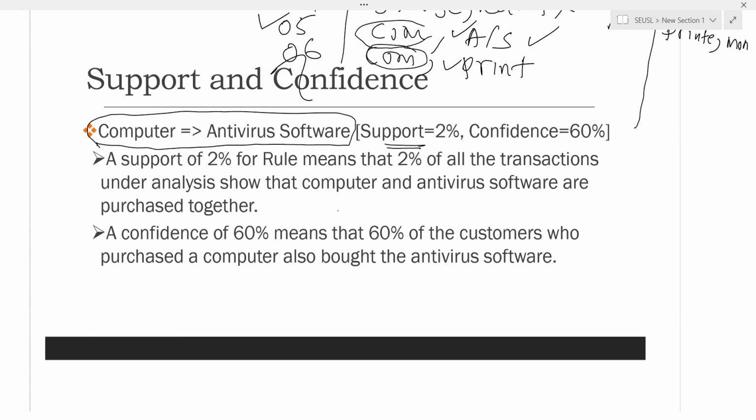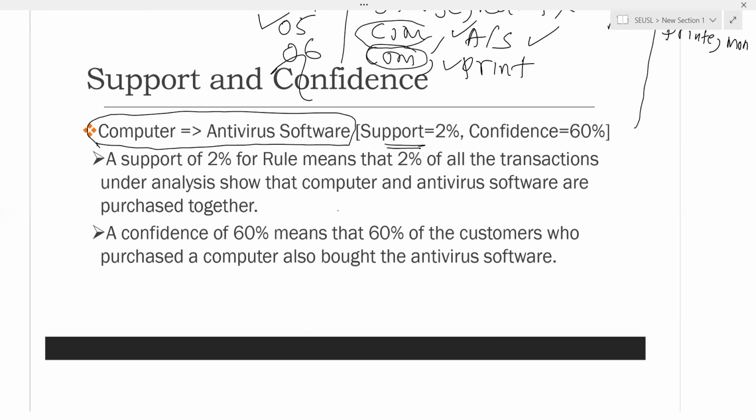Someone tell me. Imagine a shop where 100 people visit and buy something, and we invite all 100 people to one place. I'm asking you, raise your hands.